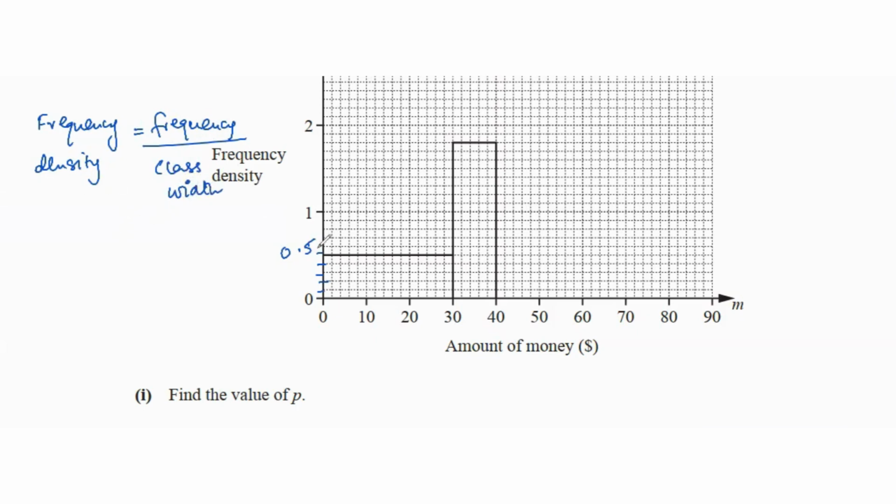So frequency density for 0 to 30 interval is 0.5. Frequency is P, and class interval is the difference of 30 and 0, which is 30. So that means 0.5 times 30 is going to give us the P value, which is 15.